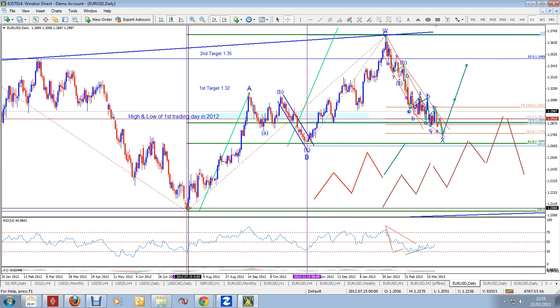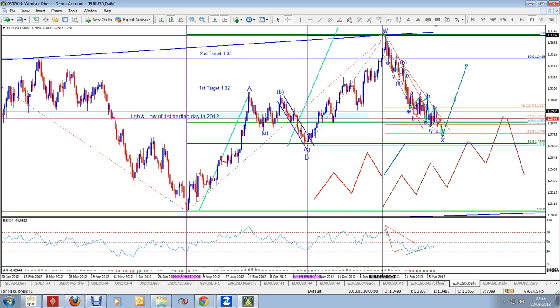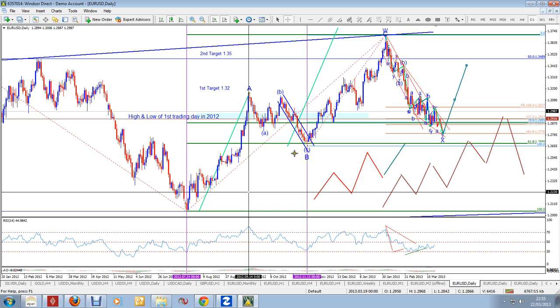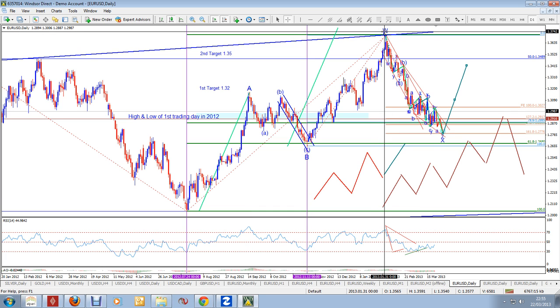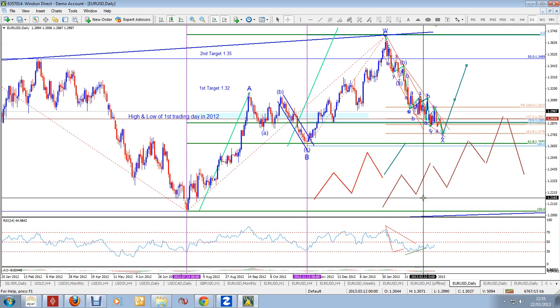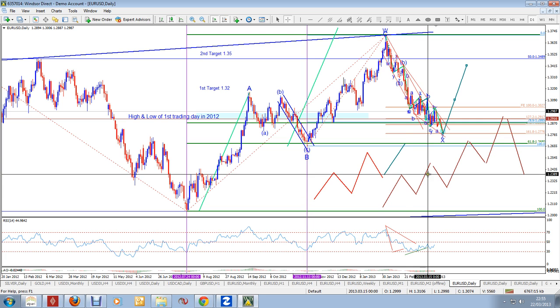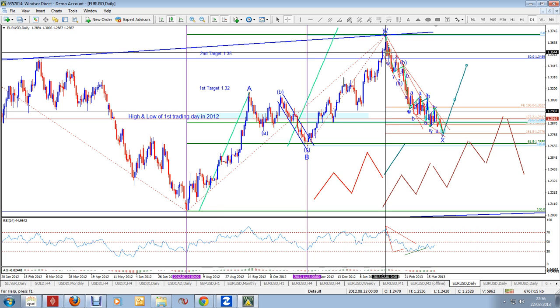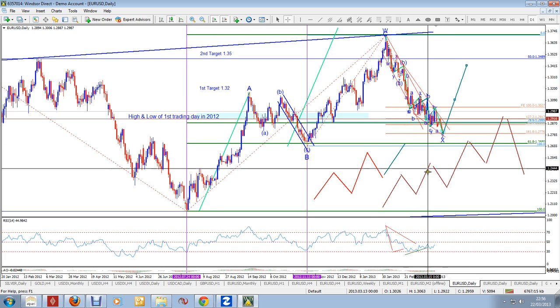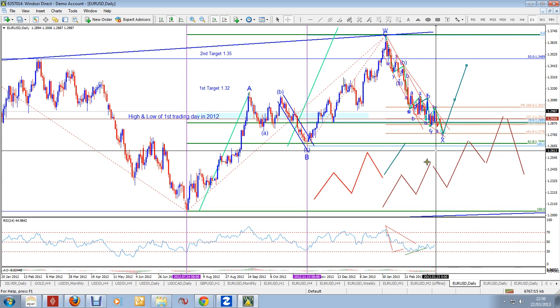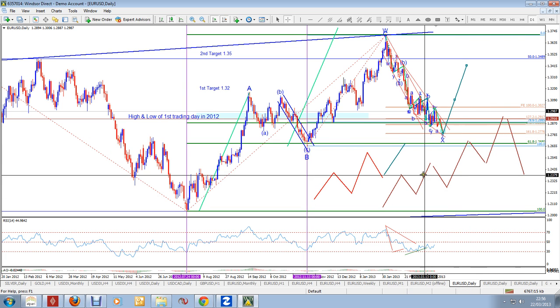Or we've got A, B and C to give us wave W, then A, B and C, then we get X. Then we get another A, B and C to the upside, which would take us to a much higher level.